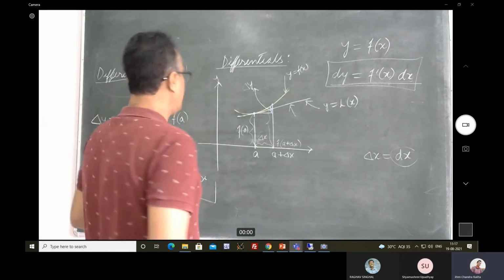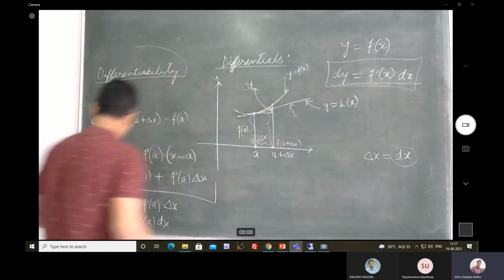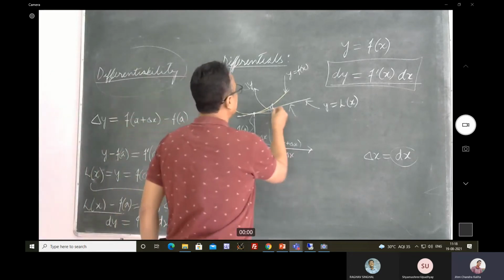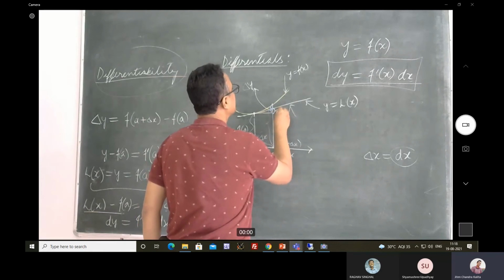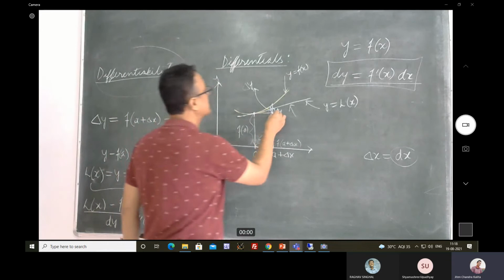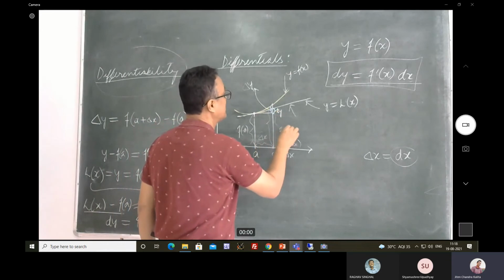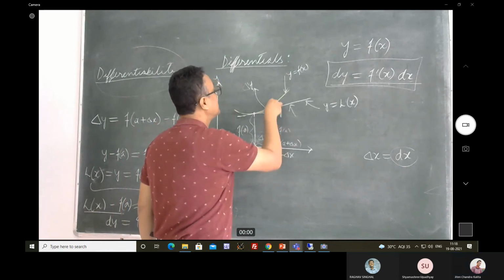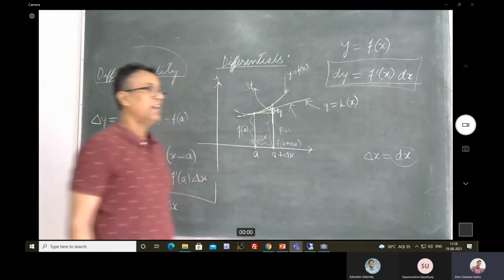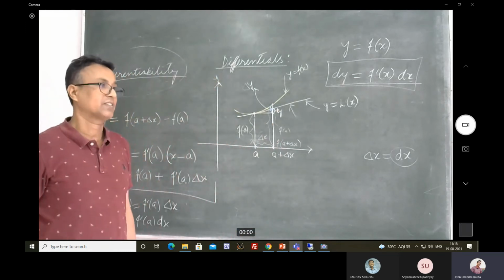Now you can see that if I take this variable point x as a plus delta x, then this dy is nothing but this distance, because this distance is f of a, and this whole distance is L of a plus delta x.